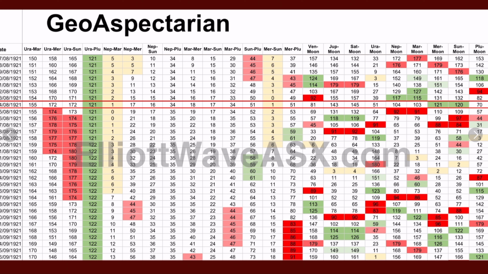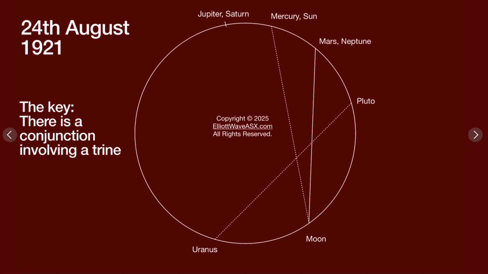So if we have a look at a schematic of that, the key is there is a conjunction involving a trine. So we've got Mercury, Sun in a trine to the Moon, but we've also got the Moon square to Mars and Neptune.